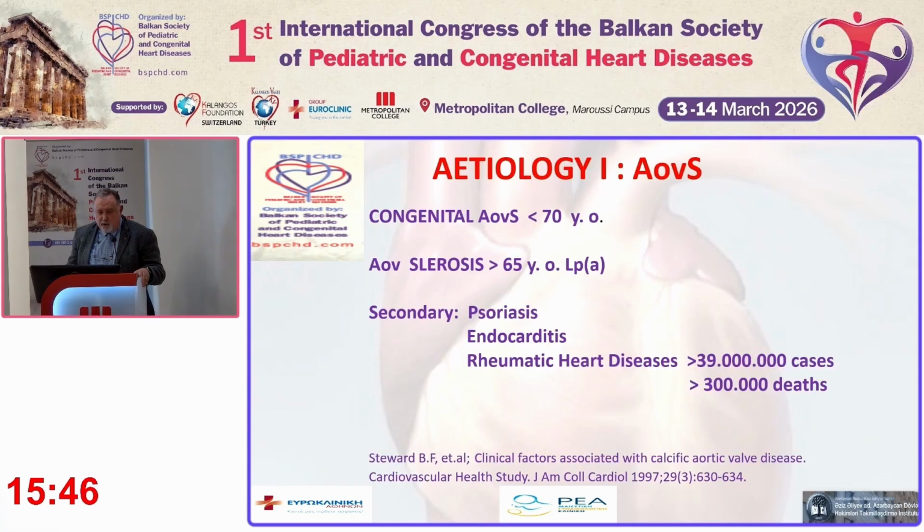Going to the etiology, as we said, congenital aortic valve stenosis is the most frequent condition under the age of 70 years. Aortic valve sclerosis is very common after the age of 65 years, and mostly in patients with a high level of lipoprotein(a). Secondary causes of aortic valve stenosis are psoriasis, endocarditis, and rheumatic heart disease.